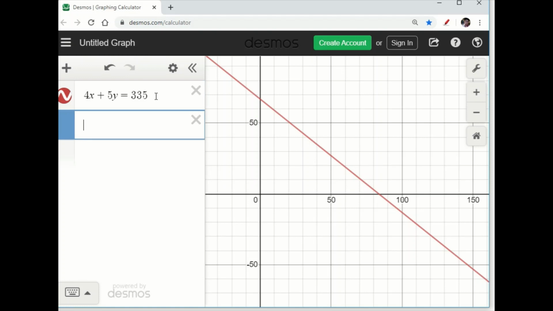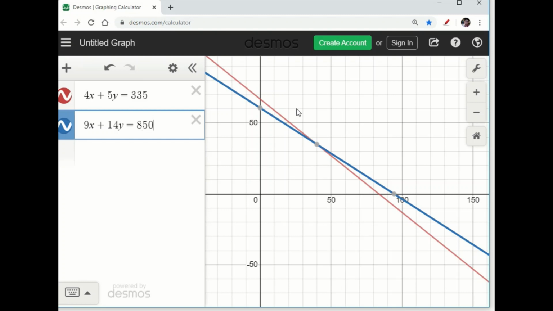I'm using x and y because for this system we need to write x and y; if we write a and b, it doesn't recognize. For the second equation, we have 9a plus 14b, which is 9x plus 14y, equals 850.